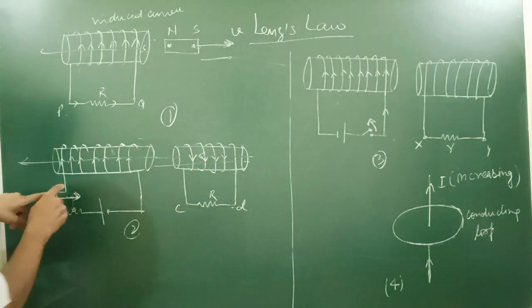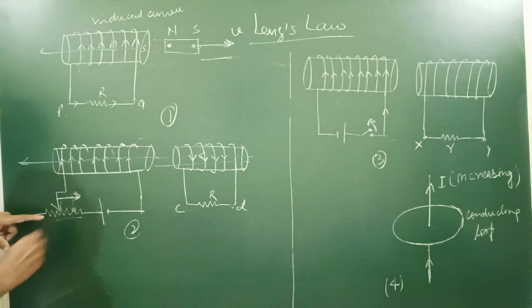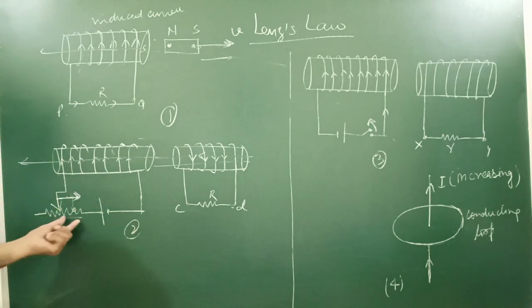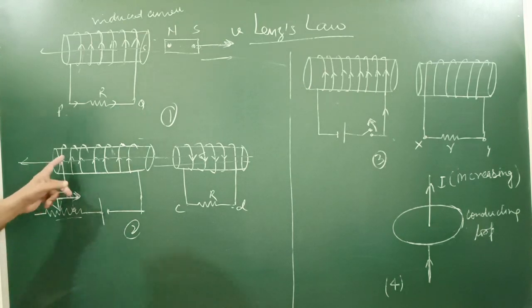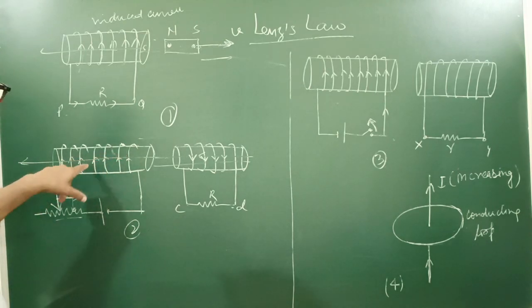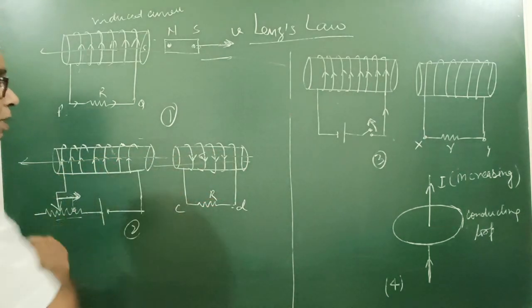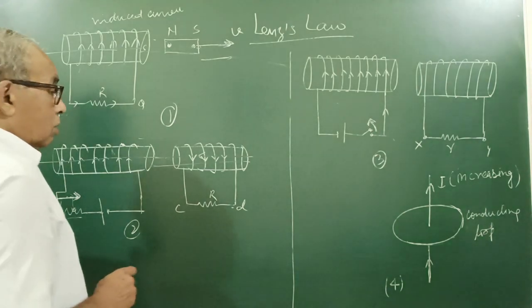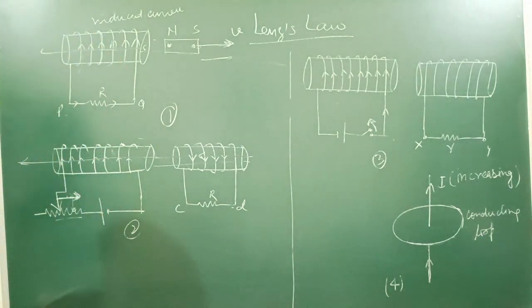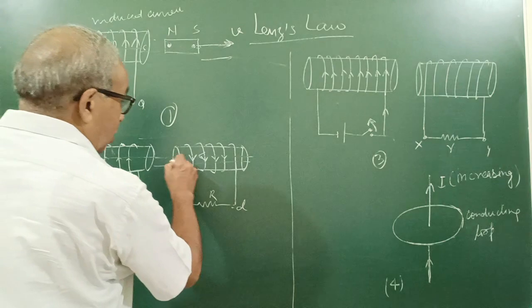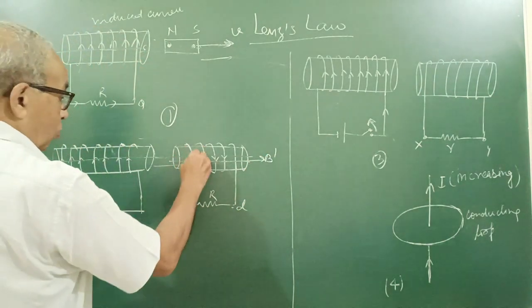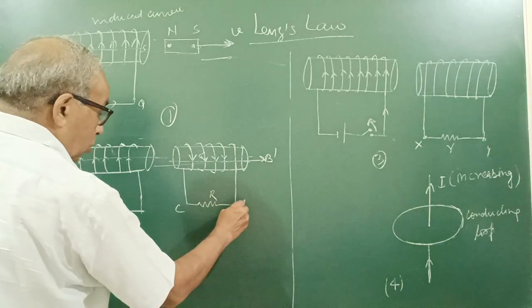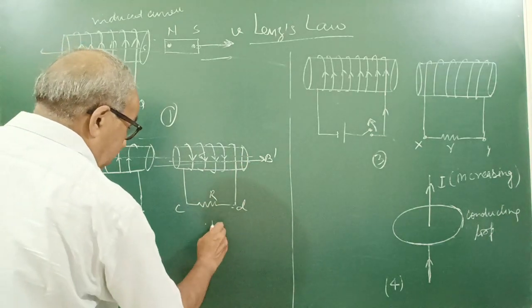Because we are decreasing resistance, current will be increasing, and this increasing current will increase the magnetic field here. So the induced current will keep the magnetic field the same, so the induced field should be this way, B dash, and it is only possible if current flows this way. So here current will flow from D to C.